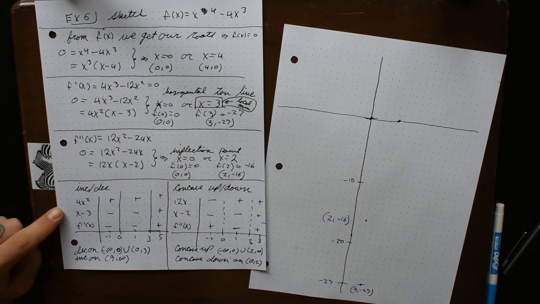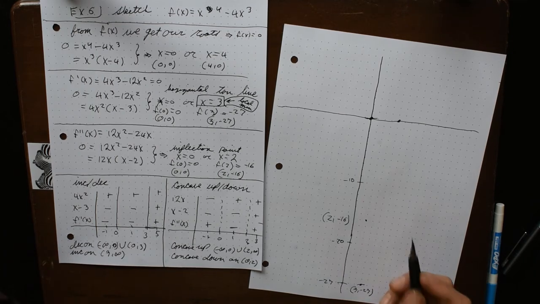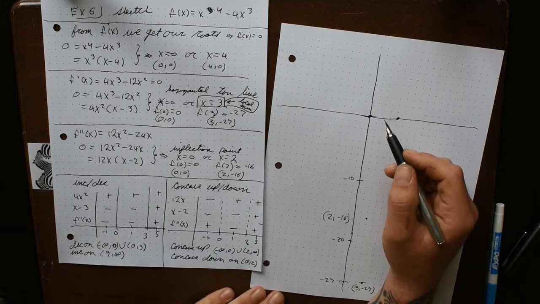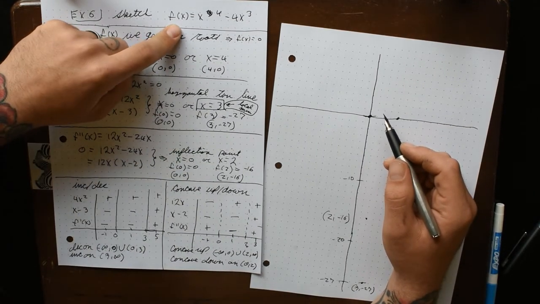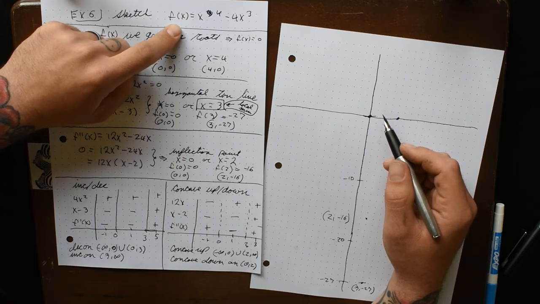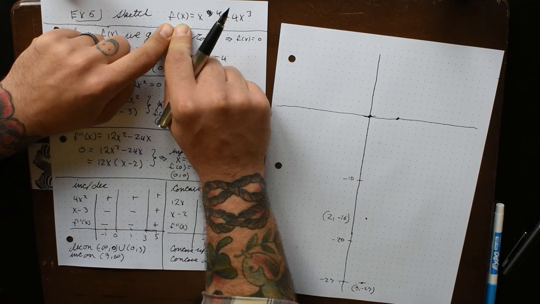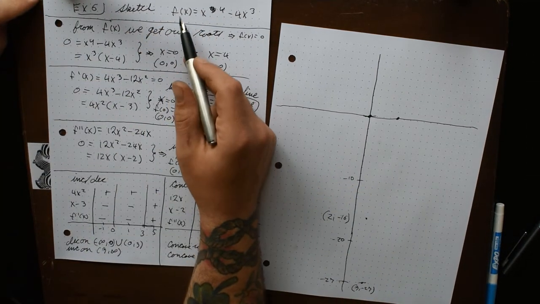Now we have this information about decreasing and increasing. So we know we're decreasing from negative infinity to 0. We don't know any of the values of this function between negative infinity and 0. All we know is that we're decreasing. There's a handy-dandy rule that gives you values of y given a value of x, but we're not trying to calculate every value for this function.